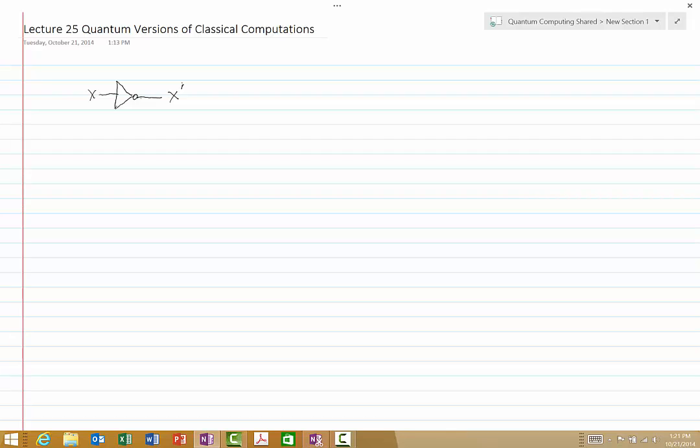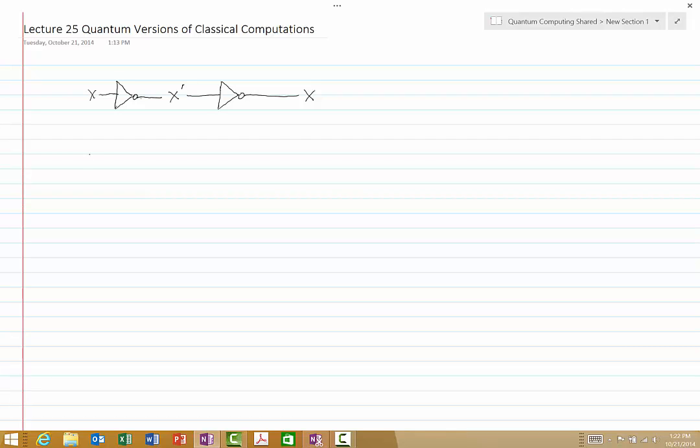And now, if we wanted to know how to recover the input to the inverter, of course, we would just take that output and put it in another inverter, and we could get x again.